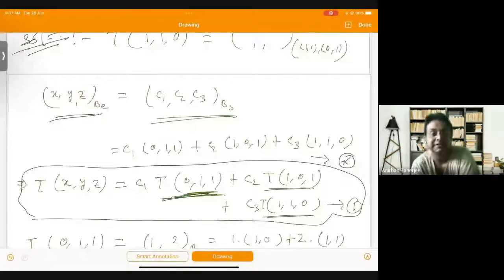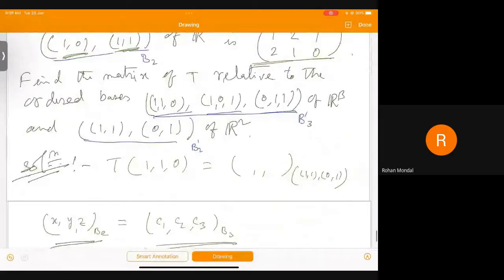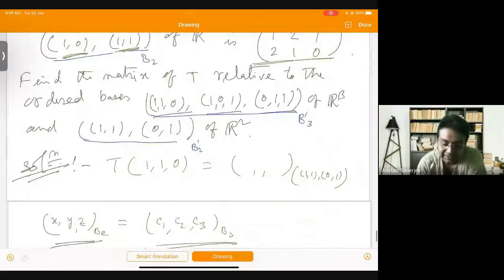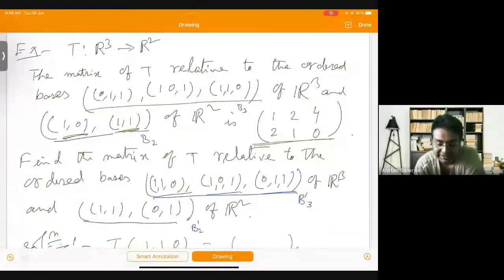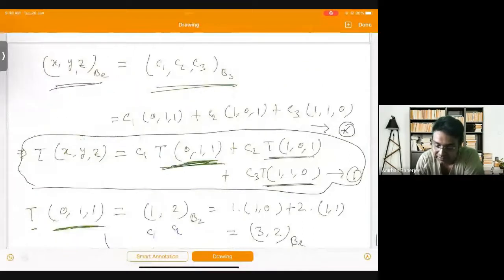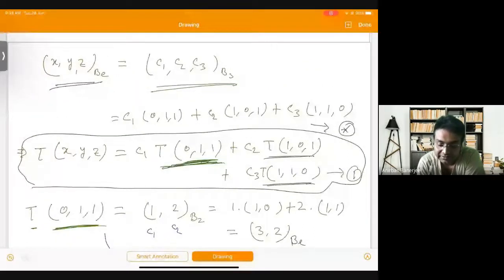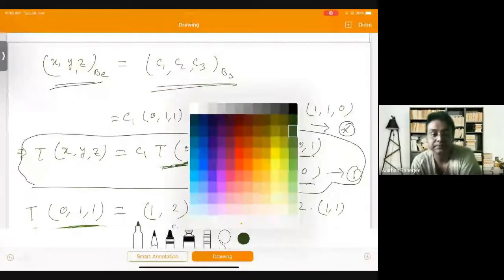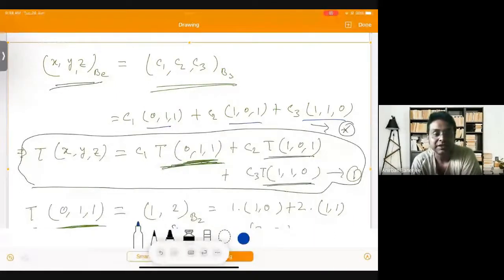B3 was this one. Since the basis vectors were these, the (x, y, z) can be expressed as a linear combination of these vectors, and the constant multipliers will be c1, c2, c3.